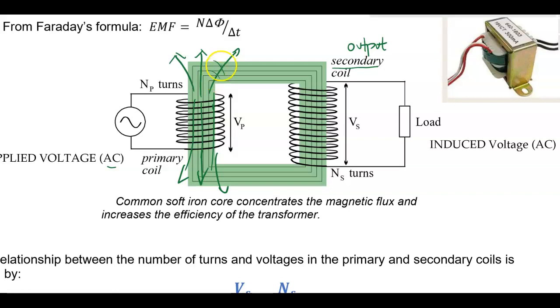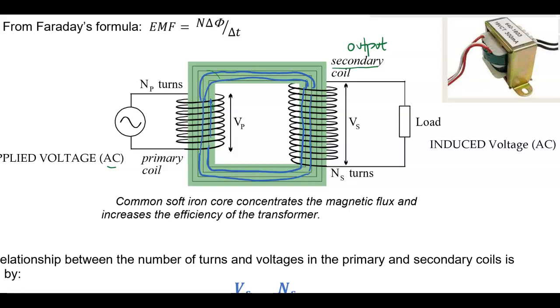So what we have then is the core. In this diagram it's shown as green. It's a soft iron core. That soft iron core is going to do this: it essentially concentrates that magnetic field so that the secondary coil experiences a nice, strong magnetic flux.